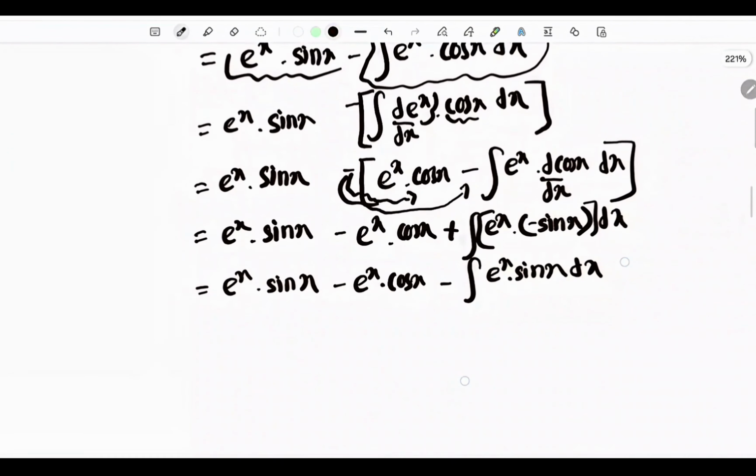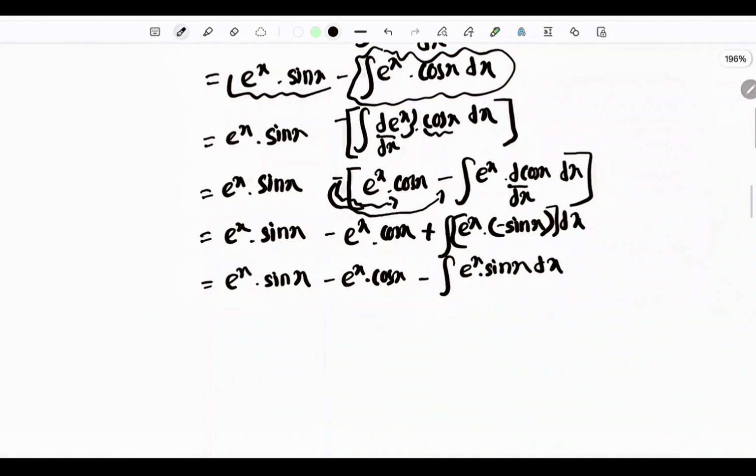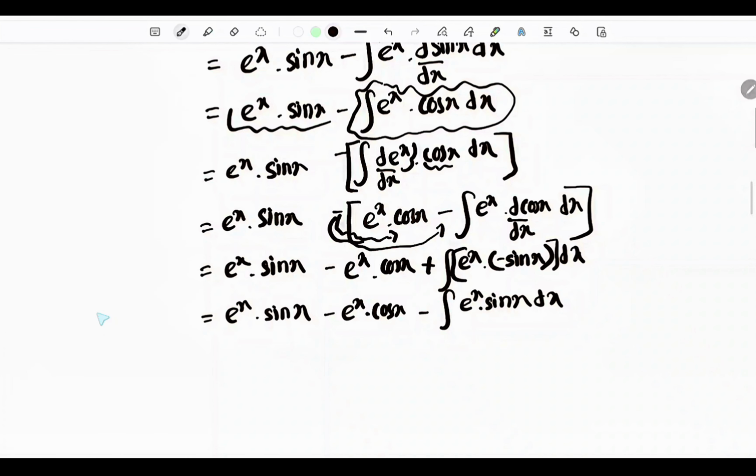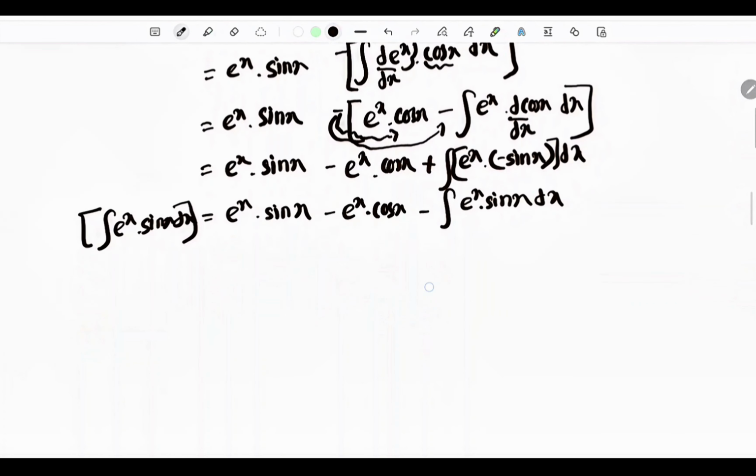In this case, usually students forget what was on the left hand side. That was what we started to integrate. That was the integration of e^x times sin x, right?